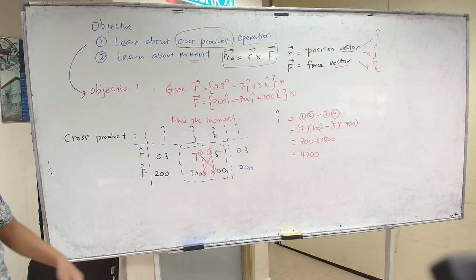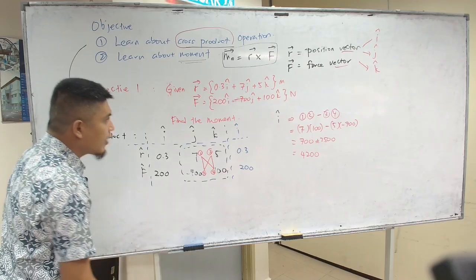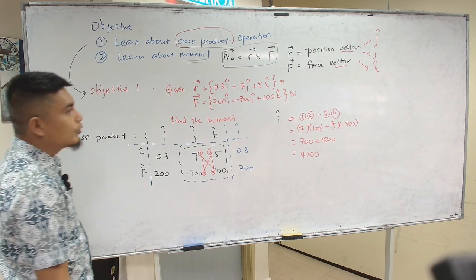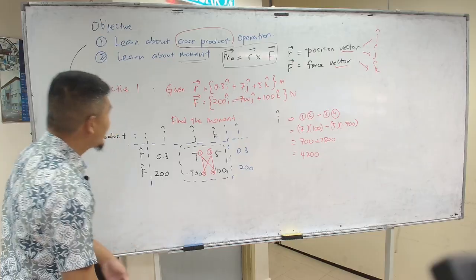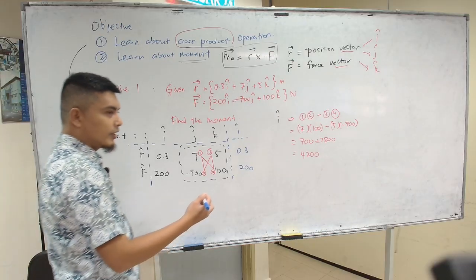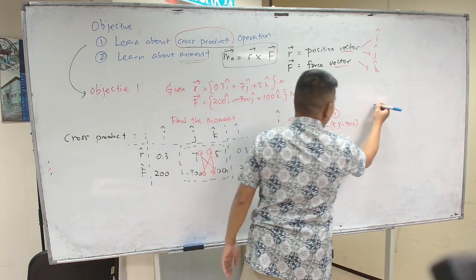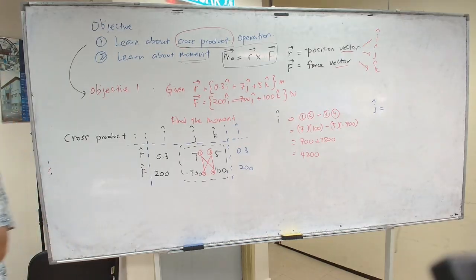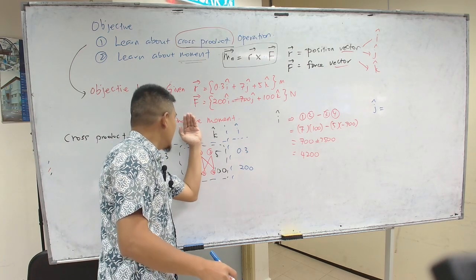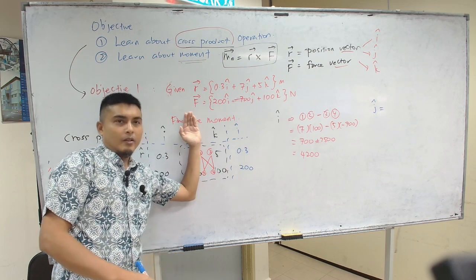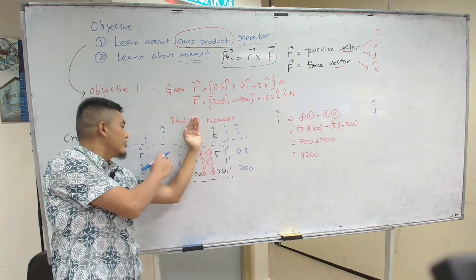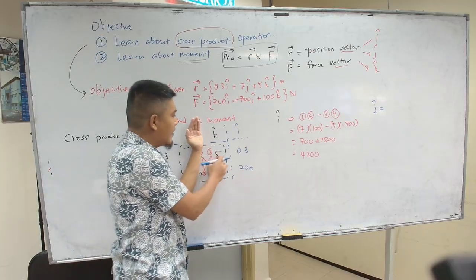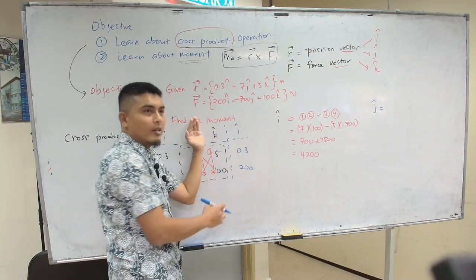Alright. Okay. So we are settled for I. We want to do J. In order to find the J, you need to close J. So now you have 0.3, 200, 5, 0.3, 100, 200.